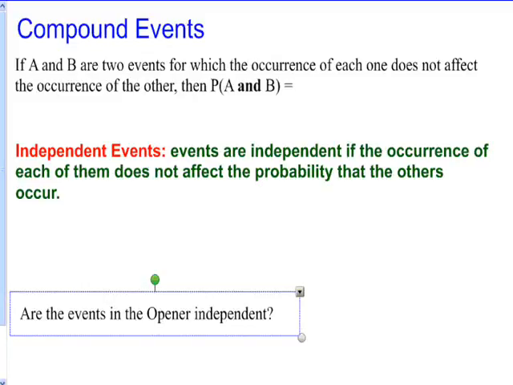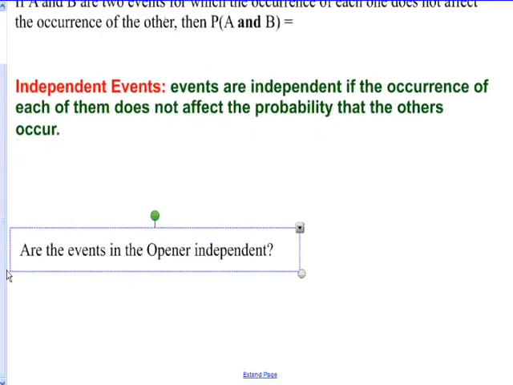It doesn't matter if I get a 4 or 3 or 5, that does not affect my coin flip. But drawing a card from a deck and keeping that card out will affect my second card drawing from that deck. So that's where we're going to show there's a little bit of difference between independent and dependent events.